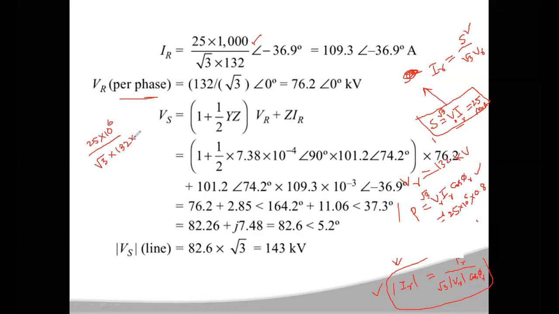Kilo means 10 cubed, so the 10 cubed cancels partly, and you get 25 into 10 cubed by root 3 into 132.